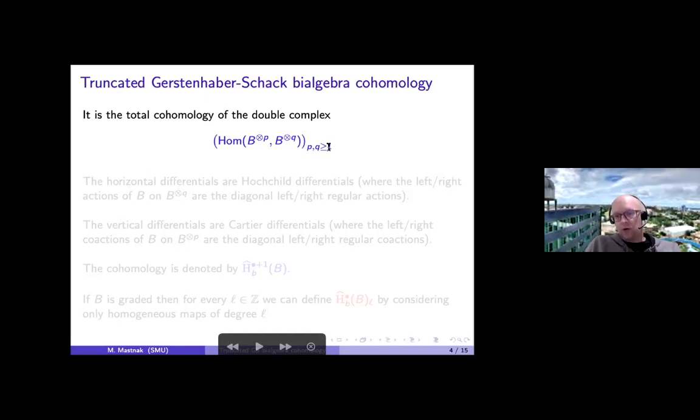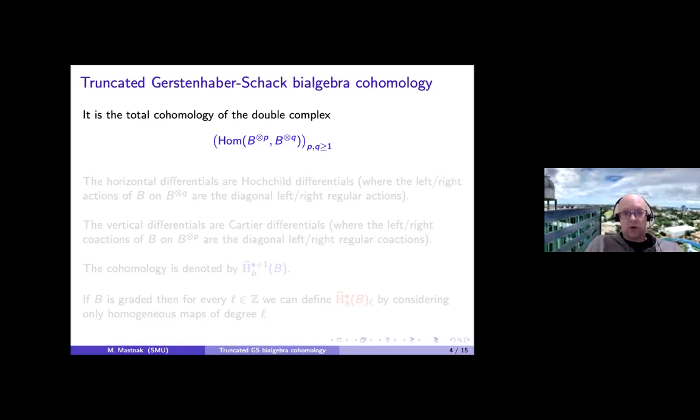So not to be confused with the usual untruncated Gerstenhaber-Schack bialgebra cohomology, which, you can prove with not that much work, is just isomorphic to the Hochschild cohomology of the Drinfeld double of B with trivial coefficients. Meaning coefficients in the ground field, where B acts on the ground field via the co-unit.